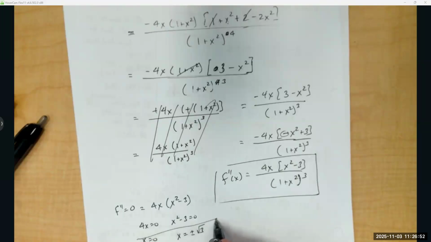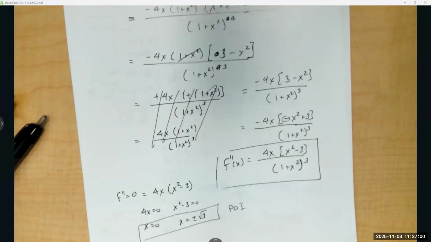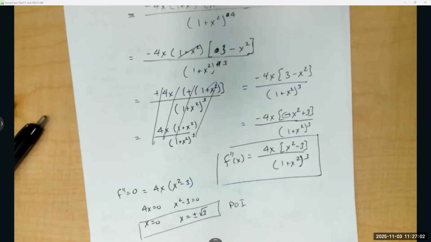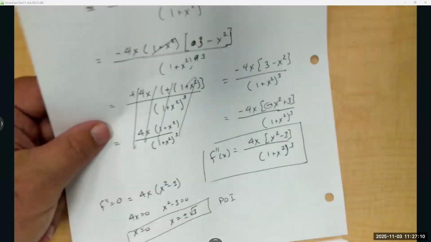These are my points of inflection. All right, let's see what we have here. Let's put these down.